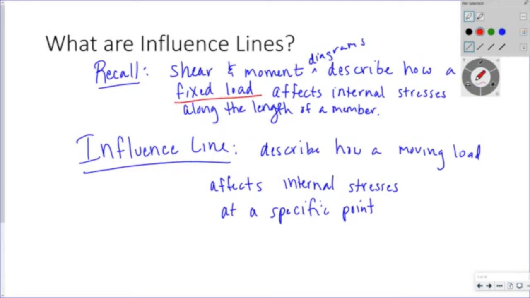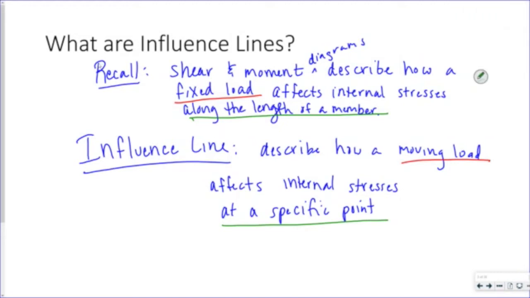This is a fixed load. This is a moving load. And this is internal stresses along the length. And this is internal stresses at a specific point. From the word moving, you can probably guess what type of application this has.